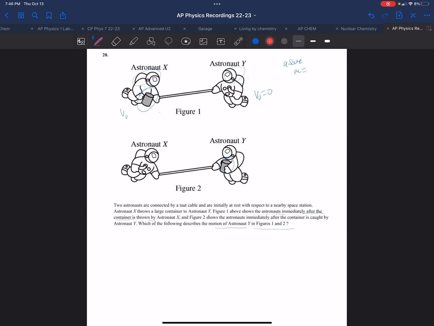So that would make the center of mass right in the middle. And now our system consists of the astronaut, the other astronaut, and the canister. So what describes the motion of Y in figures 1 and 2?